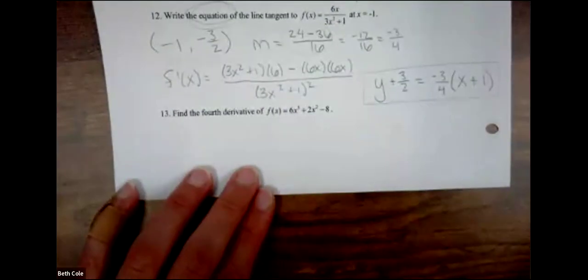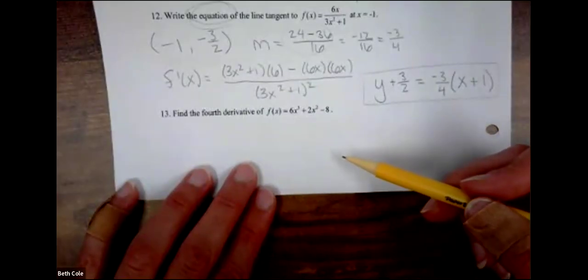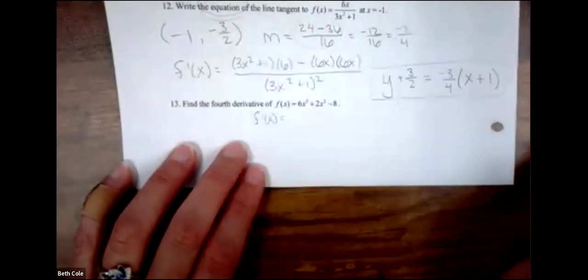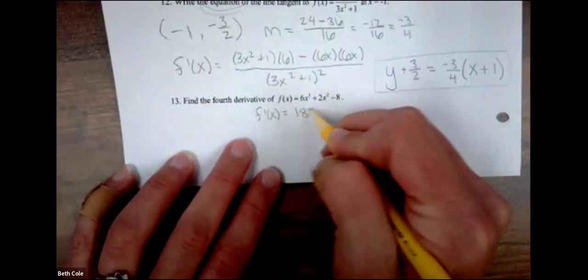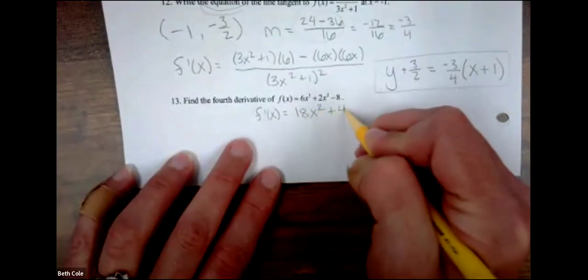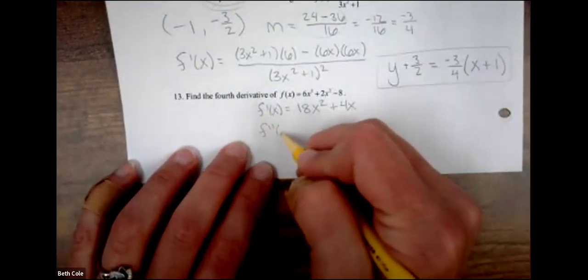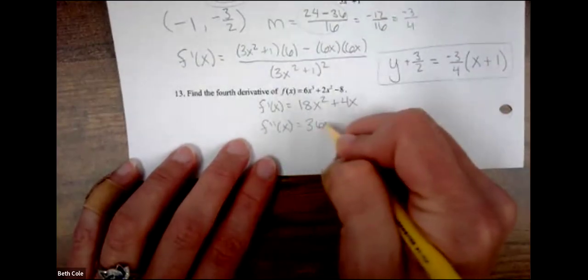Cool. I threw this on here just to make sure you know what a higher order derivative is. All right. If we find our first derivative, that's going to be what? 18x squared plus 4x. Cool. And then the second derivative would be 36x plus 4.